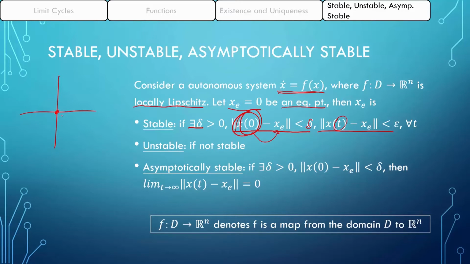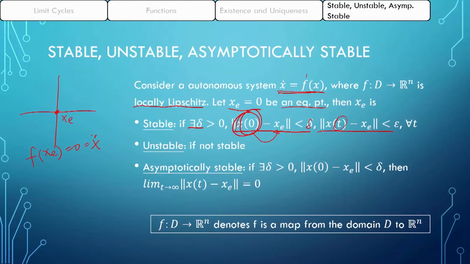Say the equilibrium point is here, xe. Remember, the definition of an equilibrium point is that you substitute the equilibrium point into this f and you get 0. That means the time derivative will be 0 because it's stationary, right?